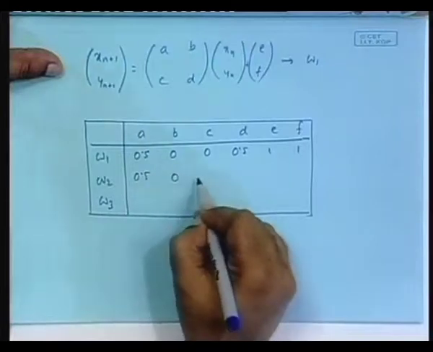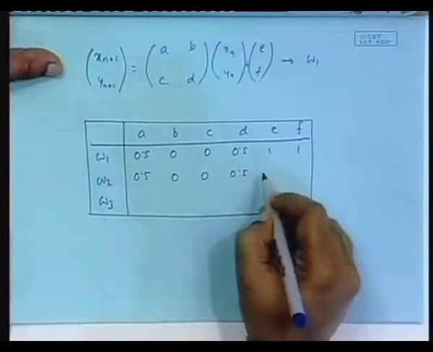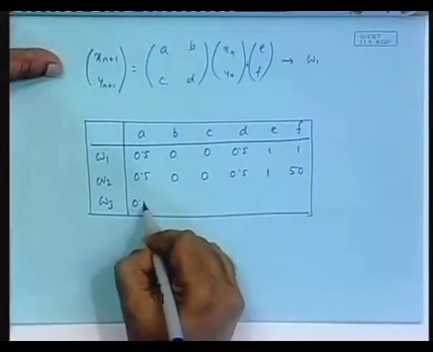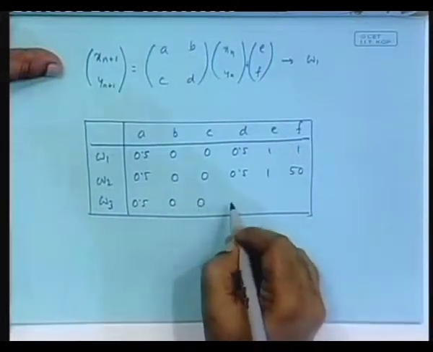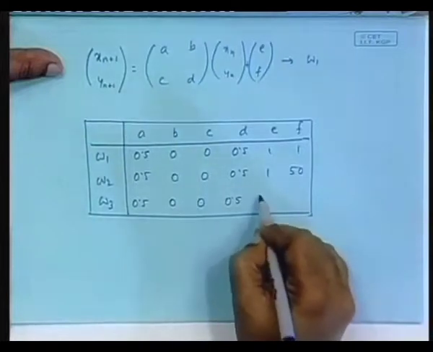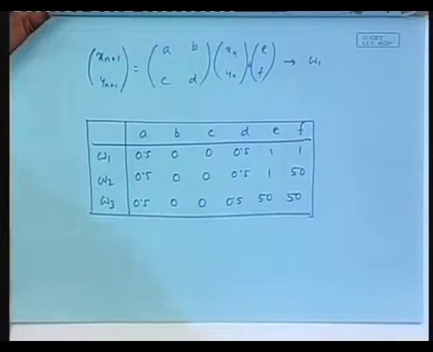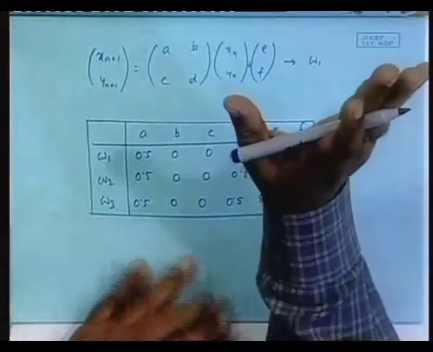Then 0.5, 0, 0, 0.5, 1, 50. Then 0.5, 0, 0, 0.5, 50, 50. How to generate these numbers, I will teach you, do not worry. But presently assume that they are God given.